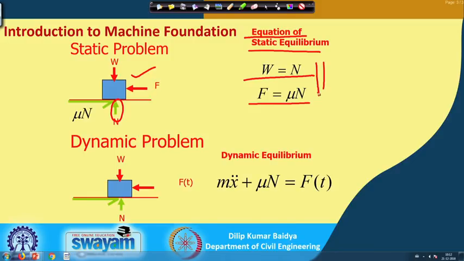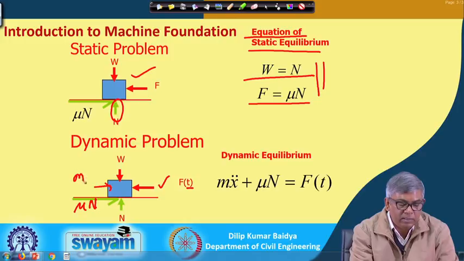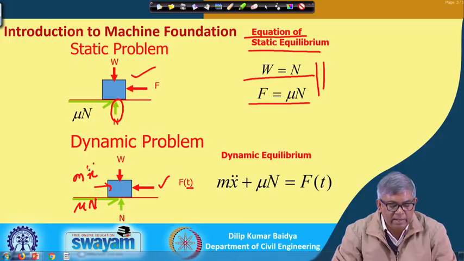If we equate them to 0, we get these two equations or relations. Whereas if the problem is dynamic, then you can see here the force is obviously time dependent, and there will be mu times N, and in this direction there will be m x double dot.